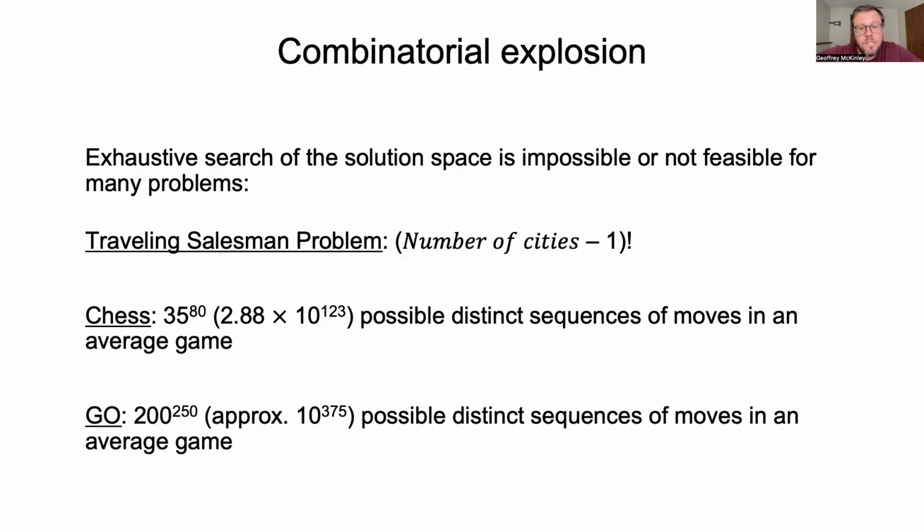And for the Chinese game Go, the average number of possible moves is 200. The average number of turns per person is 125. So that's 200 to the 250 possible paths, right?